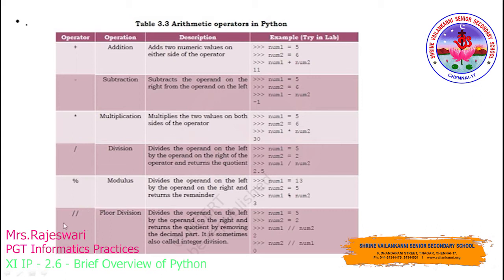And the floor division is also called integer division, which means it will return the quotient of the division you have performed. But if the value is 2.5, it will truncate, that is, remove the 0.5. The decimal part will be removed and only the integer part will be returned in floor division.